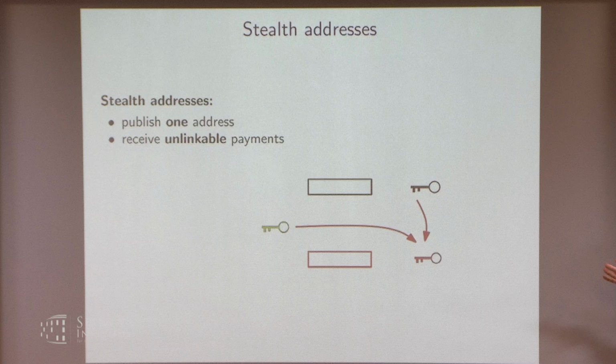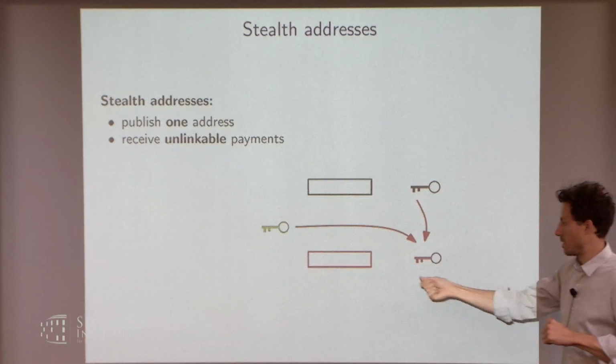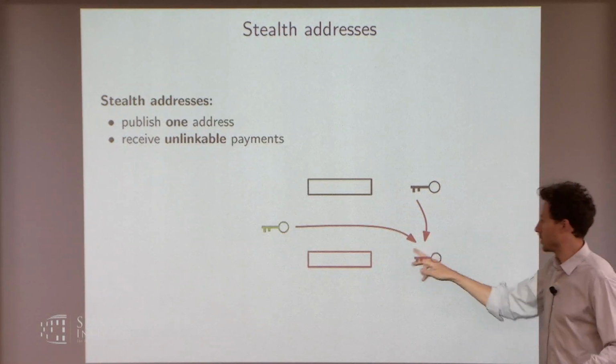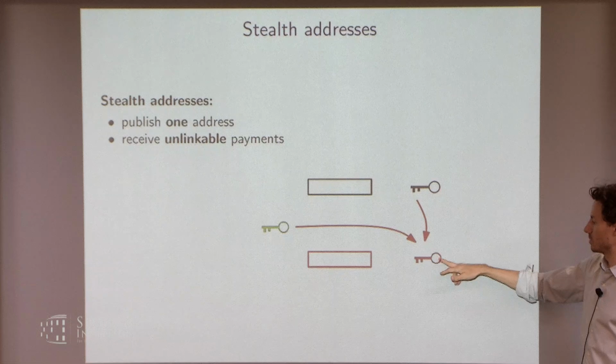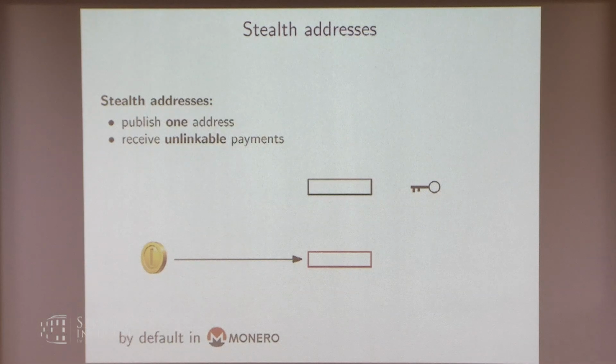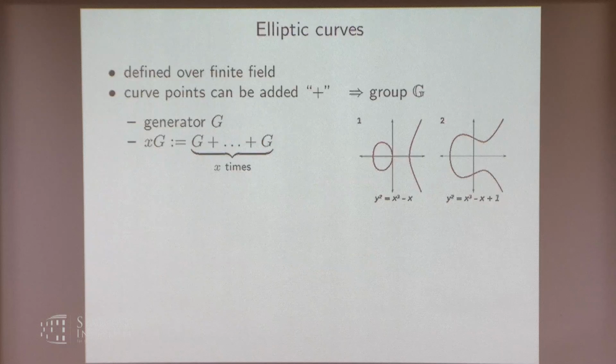So if someone sends me money, he sends it to an address which looks completely unrelated to mine, and he gives me some information that allows me and only me to derive the key to this new address. And then you send the money to this new address, and I know the secret key, so I own it.